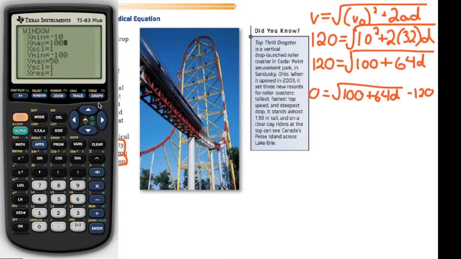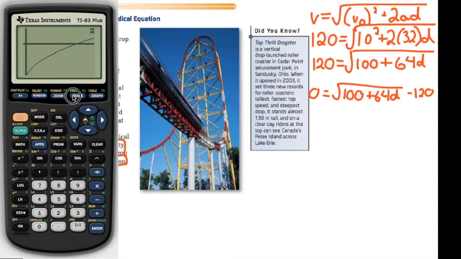Let's try 100. And again, we're getting closer, we're just not close enough yet, so let's try 300. And that's good enough. We can see the graph crosses the x-axis right here.